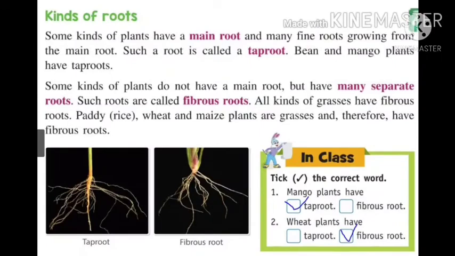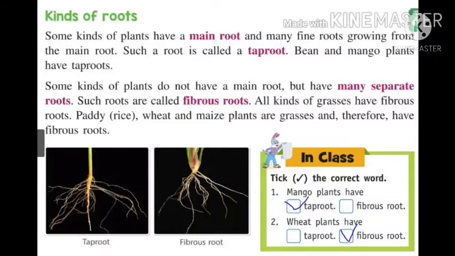Now let's talk about the next subtopic, the kinds of roots or the types of roots. Some kinds of plants have a main root and many fine roots growing from the main root. Such a root is called a taproot. Bean and mango plants have taproots.